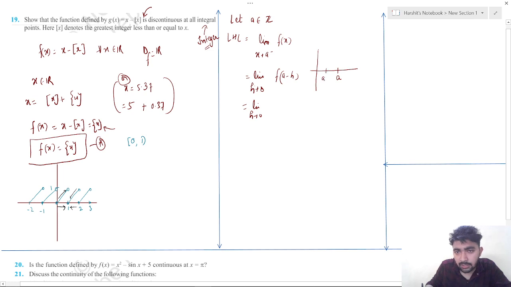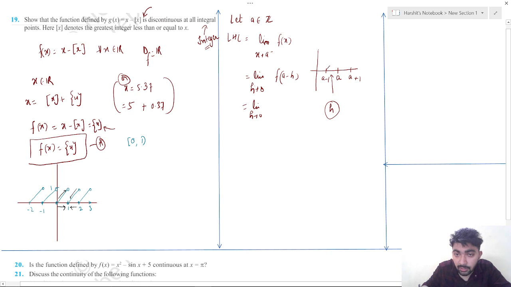Before that is the integer a minus 1, and after a is the integer a plus 1. So a minus h should be here and a plus h should be here. First, as we are discussing a minus h: because h is an infinitesimally small positive number, minus h becomes an infinitesimally small negative number.